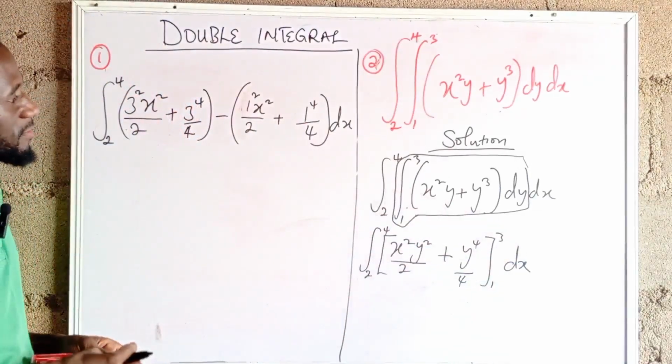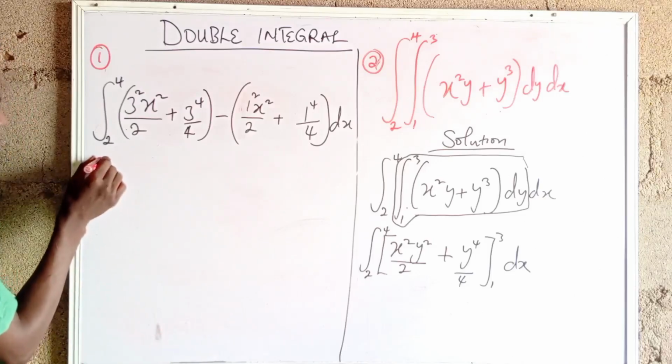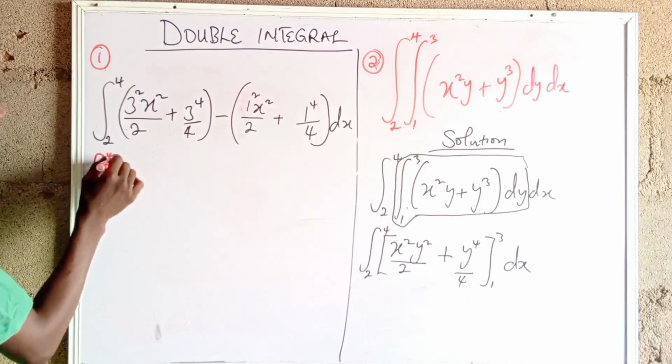Okay, in the next step we are going to simplify, with the limits from 2 to 4.